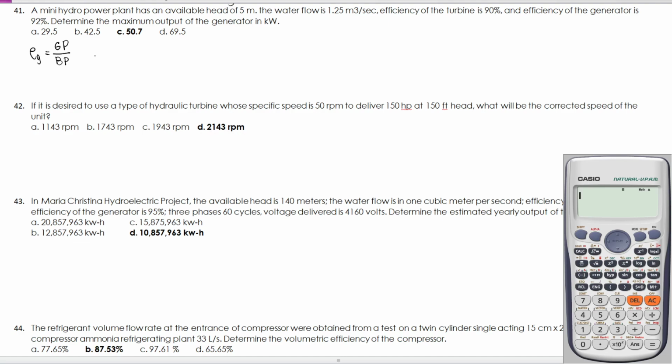So, yung brake output power naman ng turbine, makukuha naman natin siya from its efficiency. Ang efficiency naman ng turbine, output over input. Ang output nga natin dyan is the brake power at ang input natin is the ideal work of the turbine. Alright?